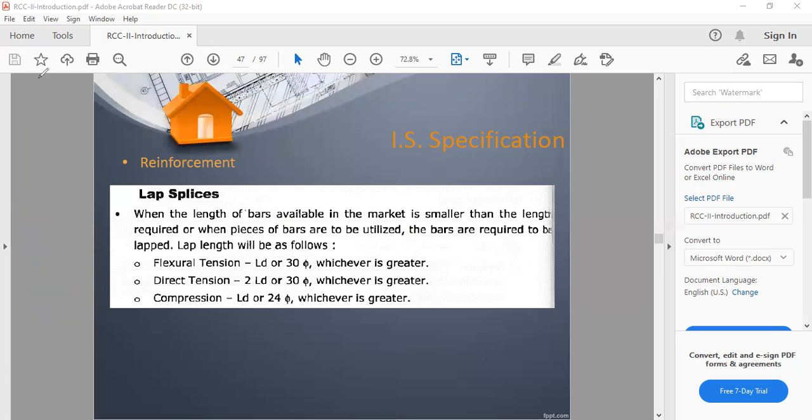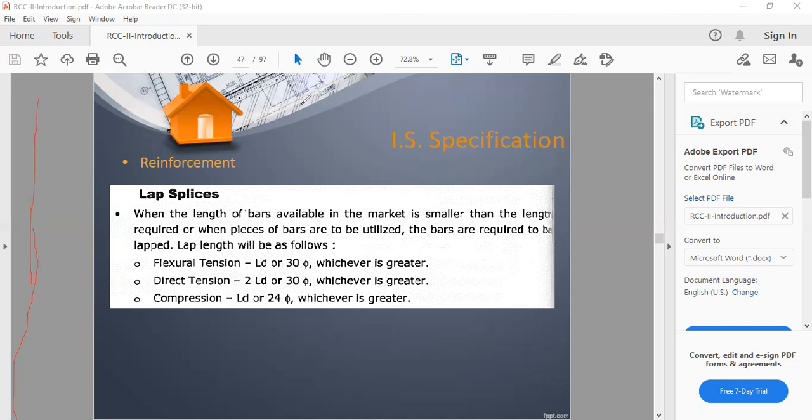Or, if it is like this, can we provide it and tie it like this? No, it has a certain distance. So what is lap length? Suppose this is one bar and this is another bar.